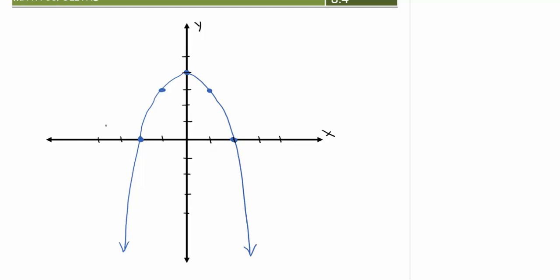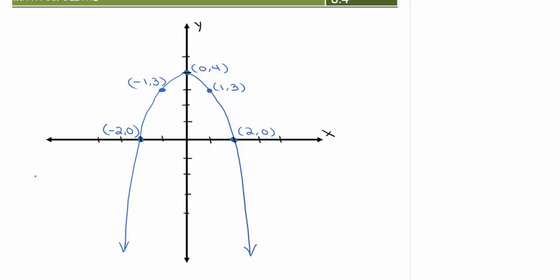I'm going to label my points because I know this is going to make my professor very happy when I do this. There we go, we labeled everything.